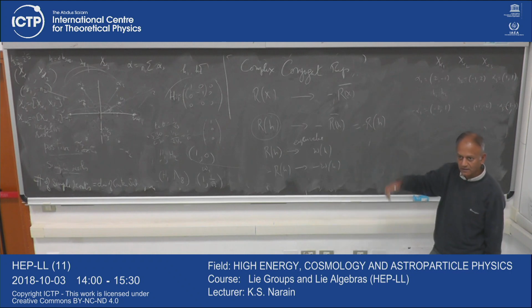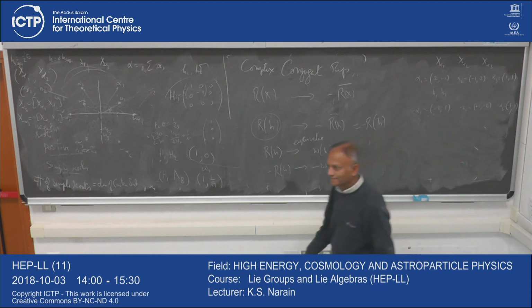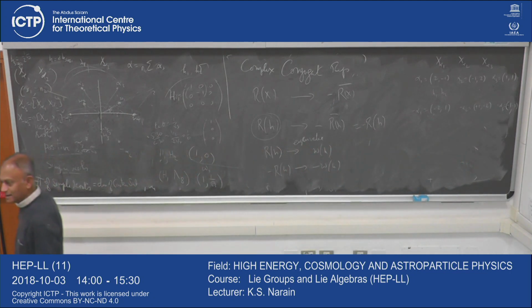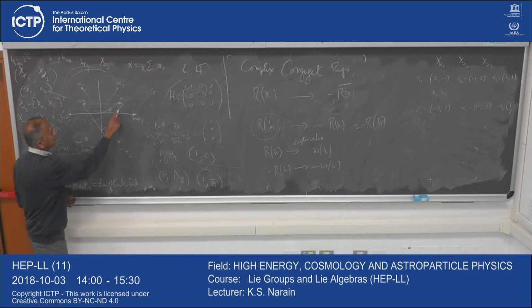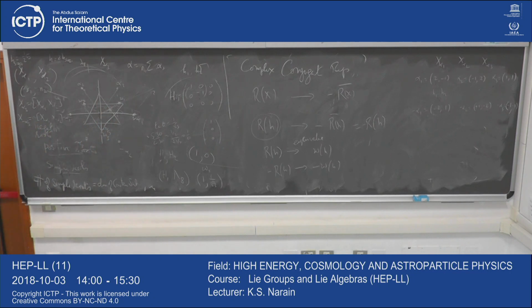Isn't it the same but shifted? Yeah, it is. It's of course again an equilateral triangle, but it's upside down. One of them is like this here, and the complex conjugate representation is here. It's the same as a rotation.